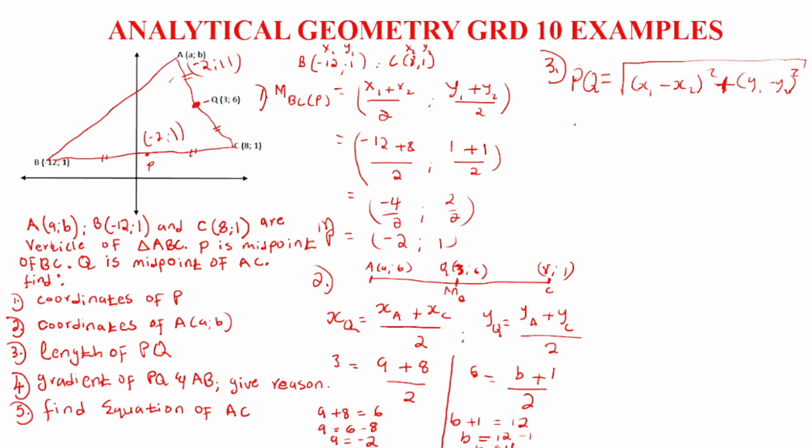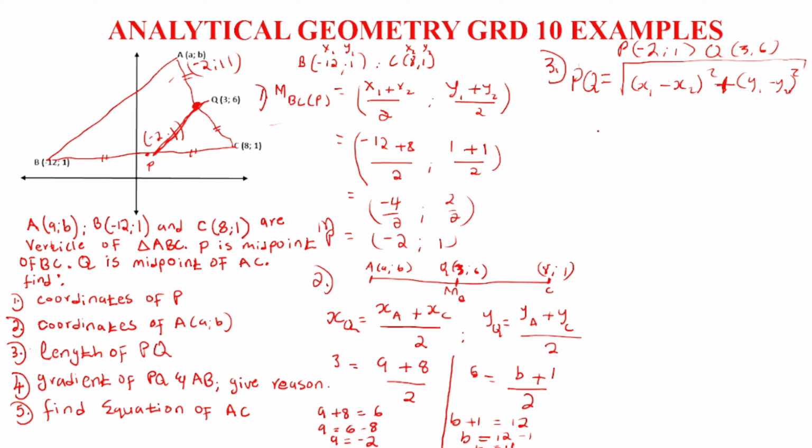Okay, so what are the coordinates of P? We calculated them. The coordinates of P are given by minus 2, 1. Then the coordinates of Q are given by 3, 6.